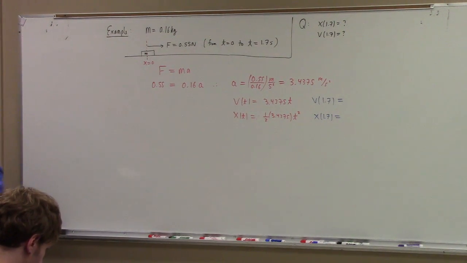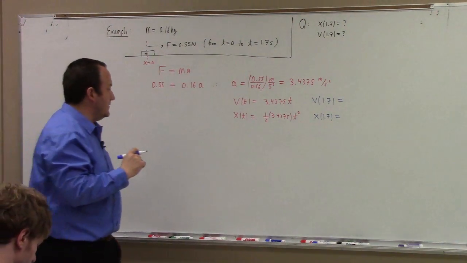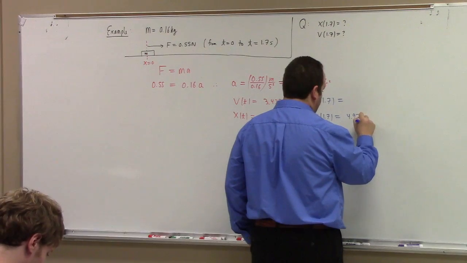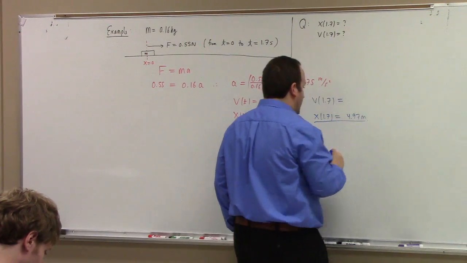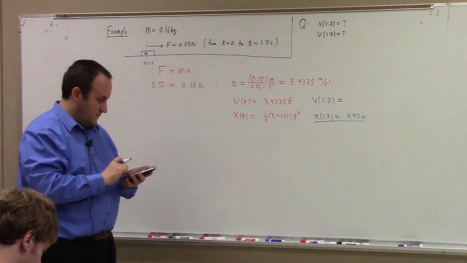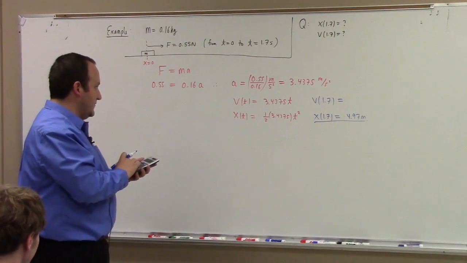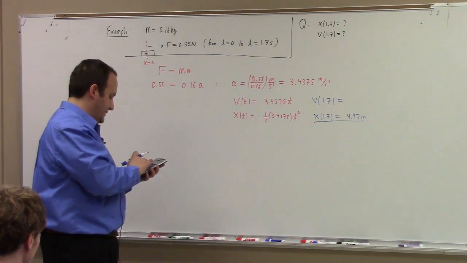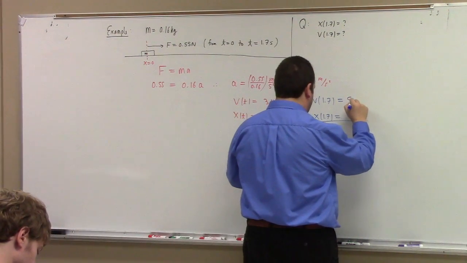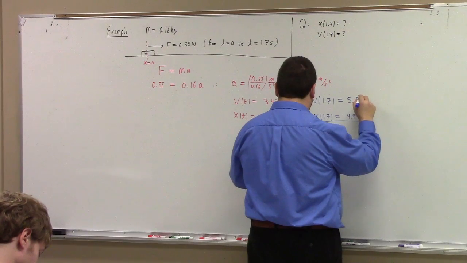We get 4.97 for the position, roughly speaking, meters. And the velocity, sometimes they do some significant figure stuff to mess with the answer. I don't know. What I get in terms of raw numbers is 5.84375.